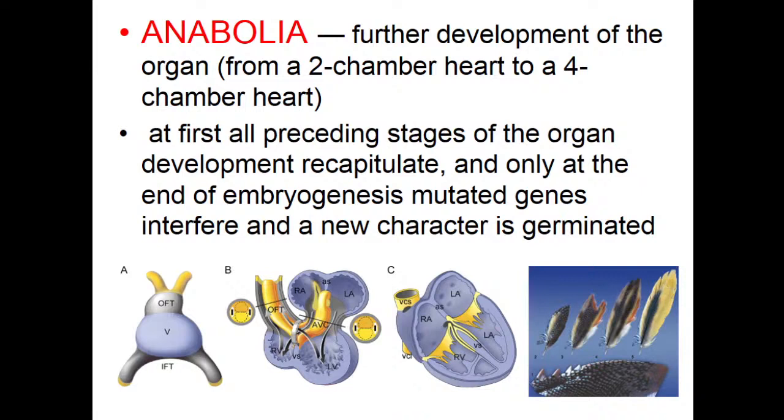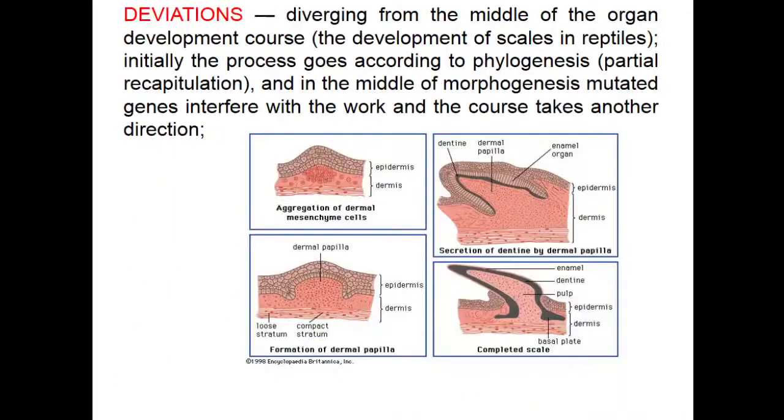But I will continue. At first, all preceding stages of the organ's development are recapitulated, and only at the end of embryogenesis do mutated genes interfere and a new character is formed.